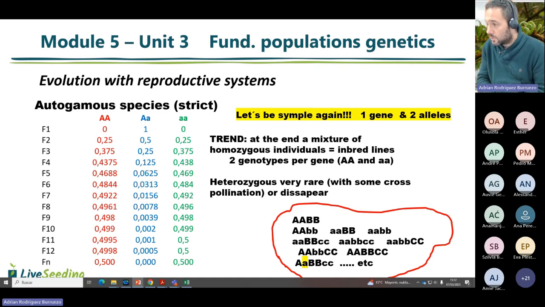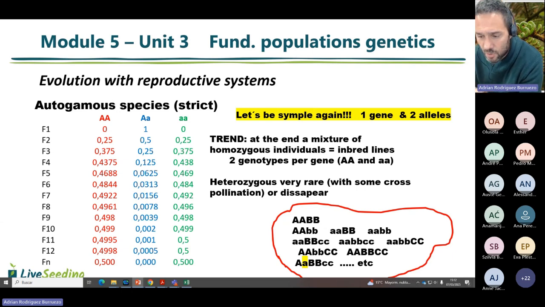widening this to other genes, and considering individuals that carry genes A, B, C, D, etc., here you can find represented a mixture of individuals which combine different genotypes or gene combinations, but highly homozygous, okay?